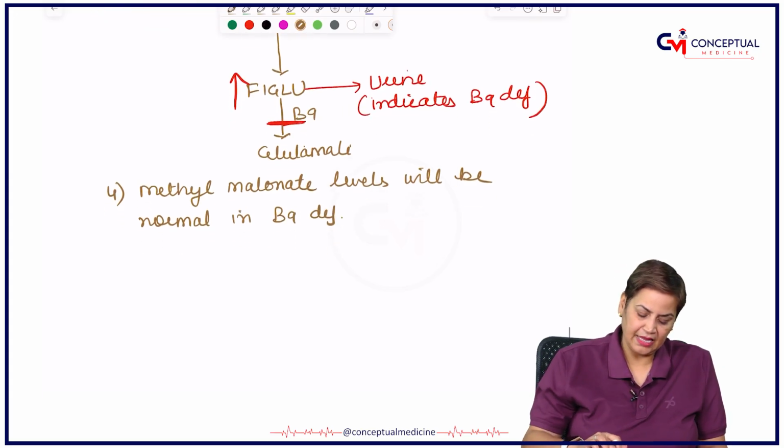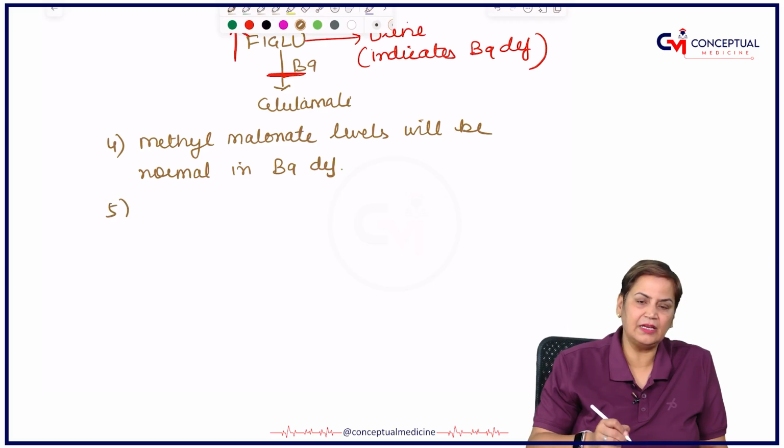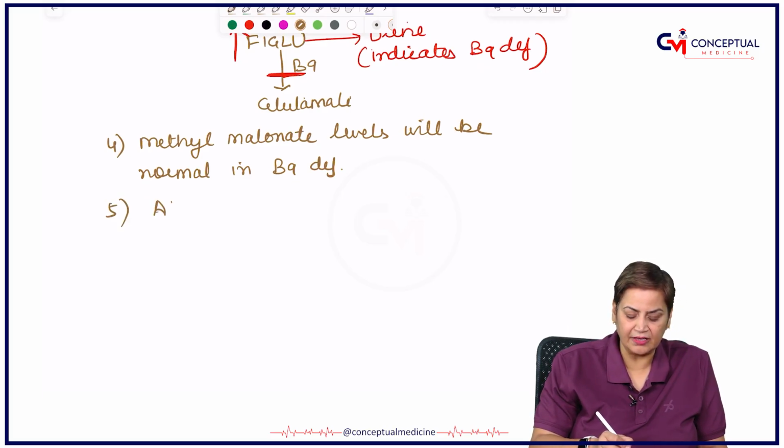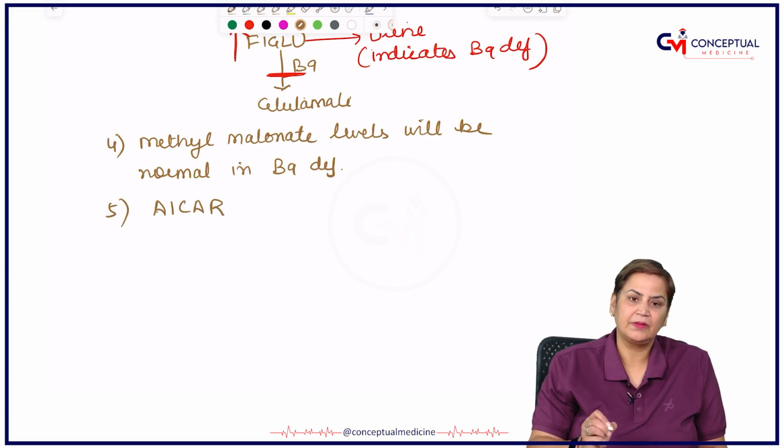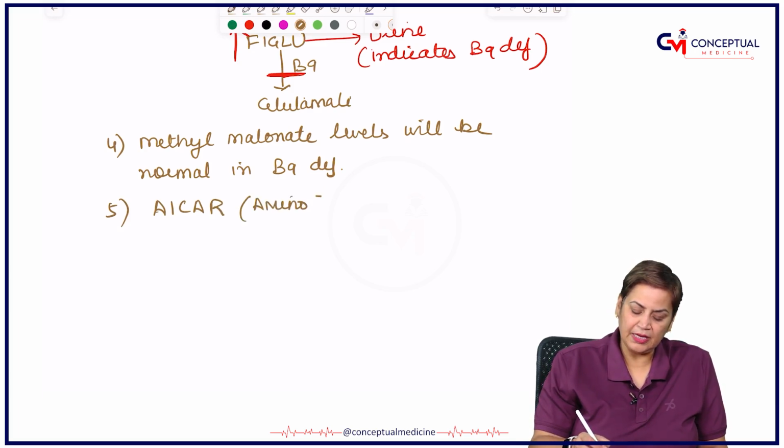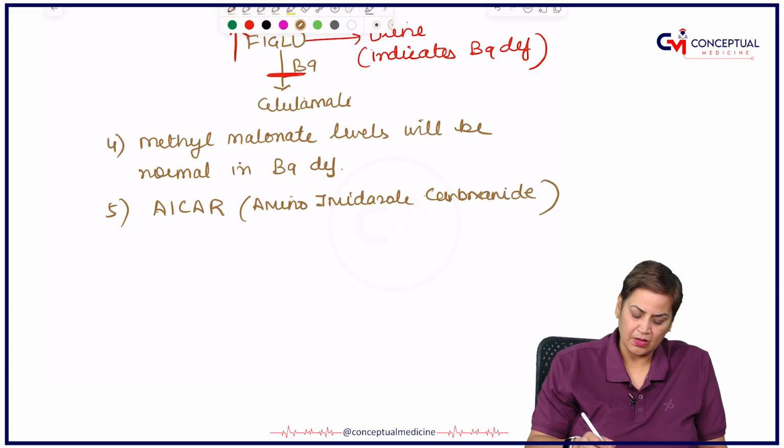And then the biochemical assessment is also done by the AICAR test: amino imidazole carboxamide ribosyl 5-phosphate.